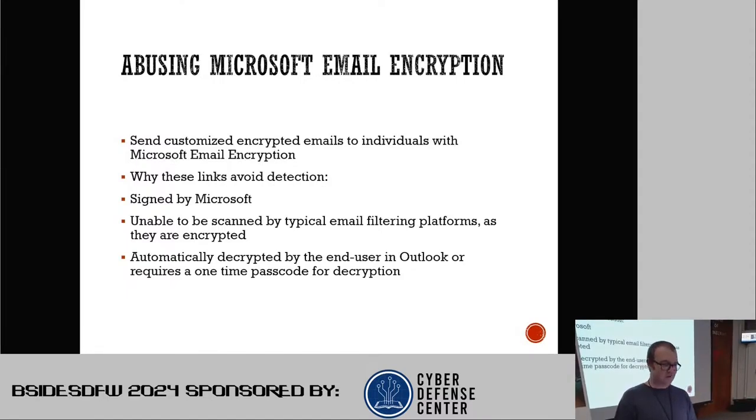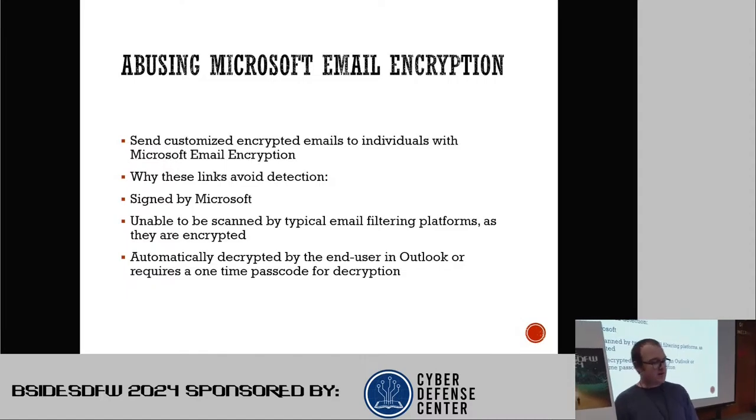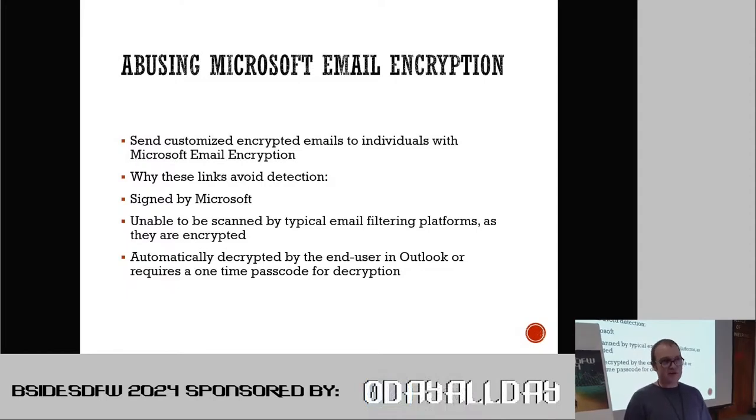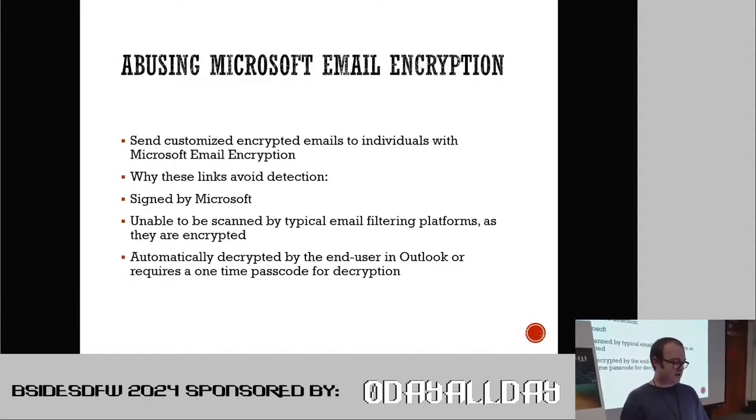It's all encrypted. You don't want somebody else in the middle of your encryption. It's supposed to be between the two. And the other problem, especially with the Microsoft email encryption, is a lot of times users aren't aware that these are encrypted emails or that they haven't been scanned on the edge. So they automatically decrypt right there in your Outlook client.